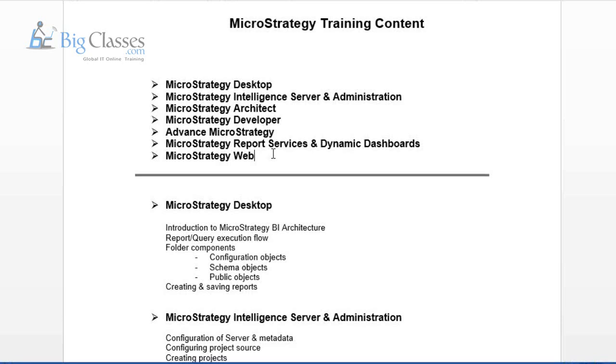Even if you want to use an architect, there is an associated license. If you want to use a mobile component, you have a corresponding license. Whatever component you use, you have to pay for each. It's one of the costliest BI tools in the market, but it really supports everything.